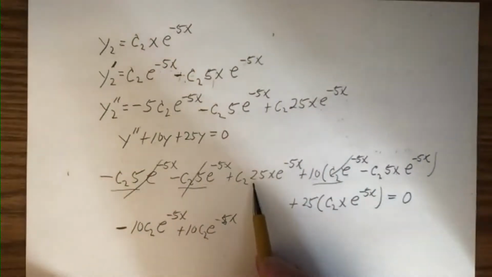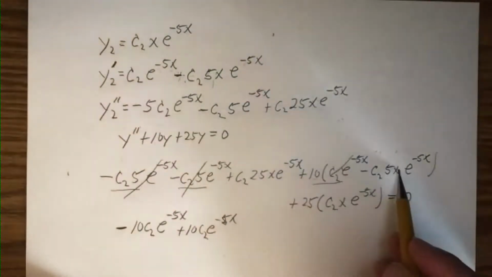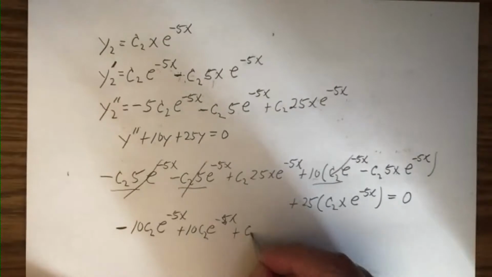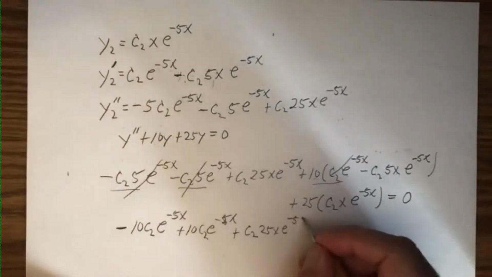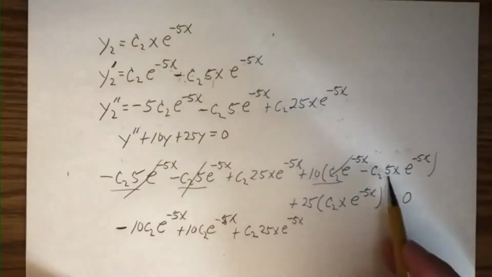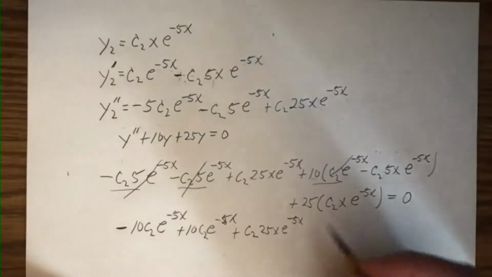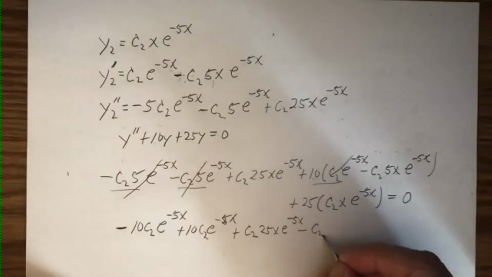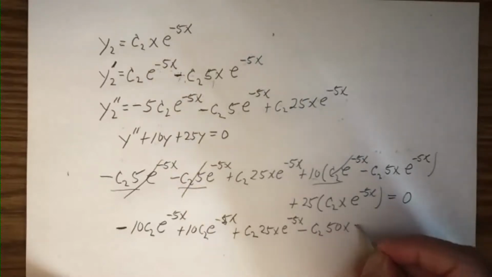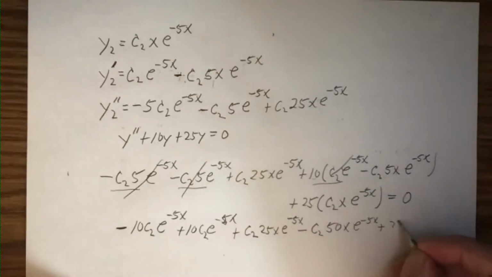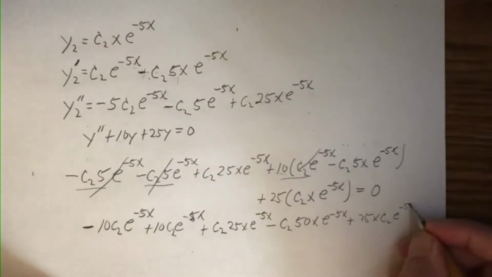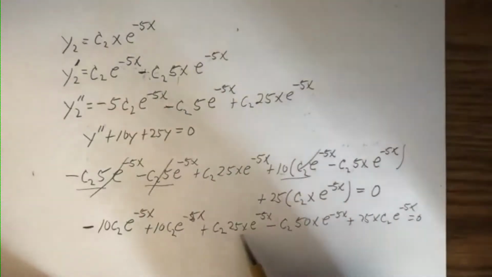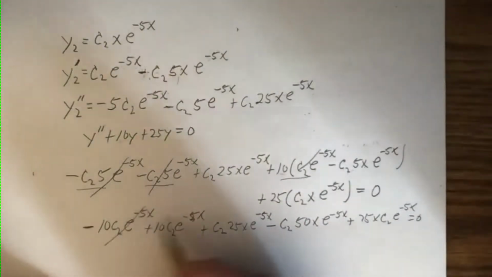And here, times here, I got a plus C2 25x e to the minus 5x. And when I multiply this times this, I got a minus C2 50x e to the minus 5x. And this times this gives me a plus 25x C2 e to the minus 5x. And so these cancel, right?